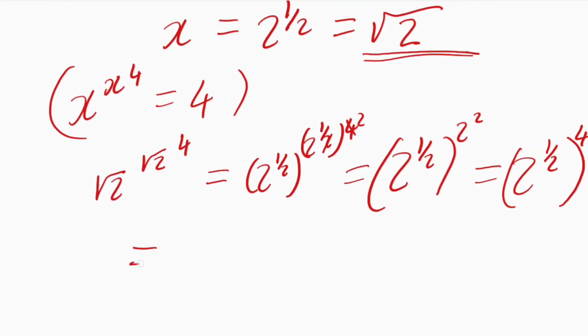This will cancel, giving us 2 to the power 1 on 2, all to the power 2 squared, and 2 squared is simply 4. Continuing, this becomes 2 is equal to 2 squared, which is equal to 4.